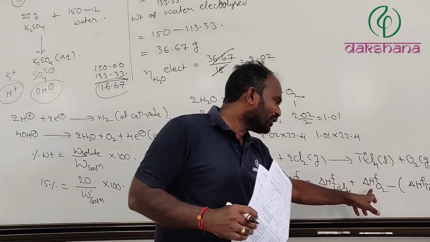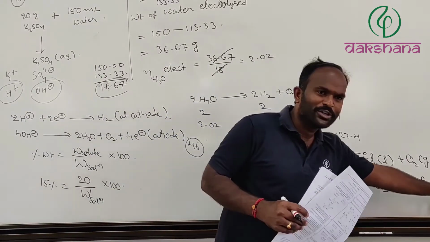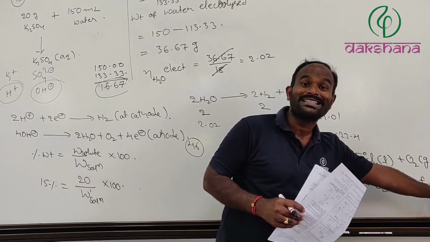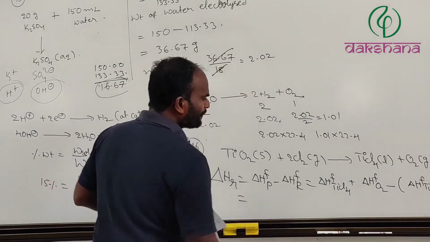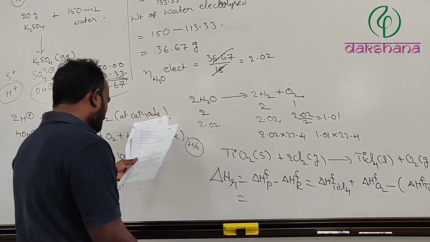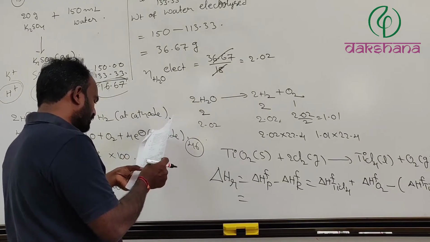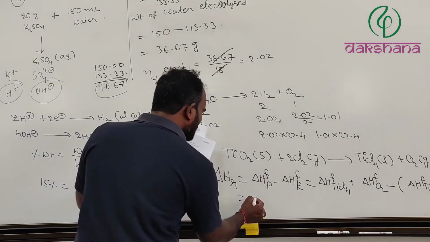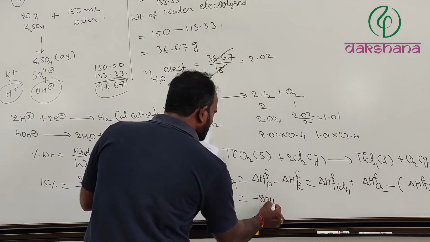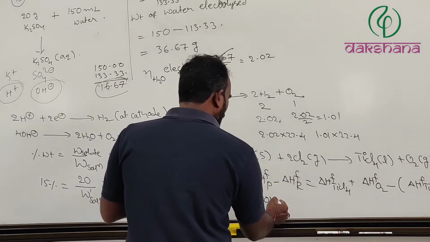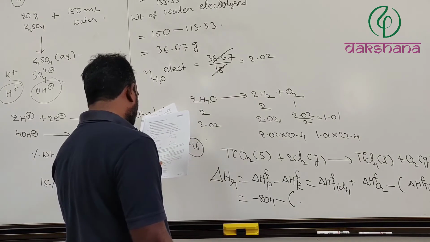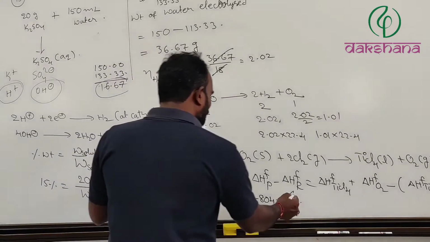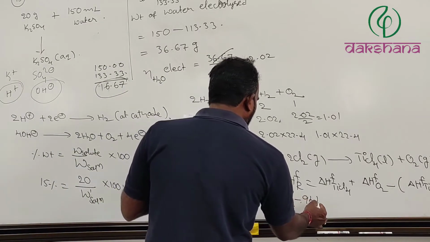As we all know, enthalpy of formation of O2 and Cl2 are both equal to 0 because they are in the standard form. That is equal to enthalpy of formation of TiCl4, that is minus 804, minus enthalpy of formation of TiO2, minus 944.